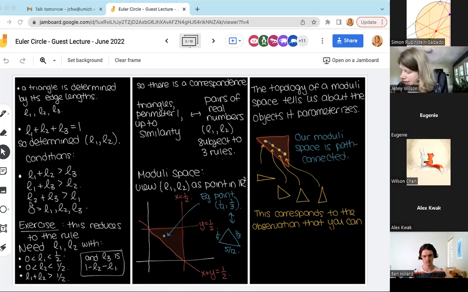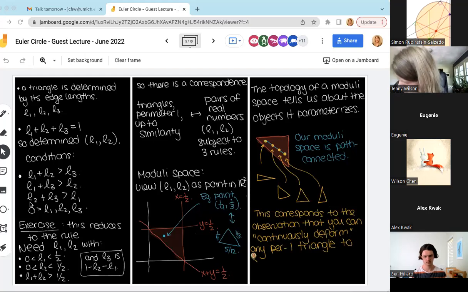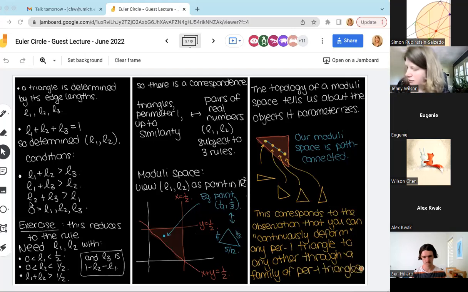And the statement that it's path connected says that you can always continuously deform any perimeter 1 triangle to any other through a family of perimeter 1 triangles, in the sense that's sort of sketched here.